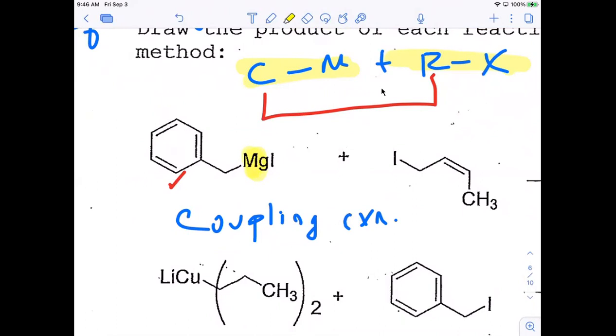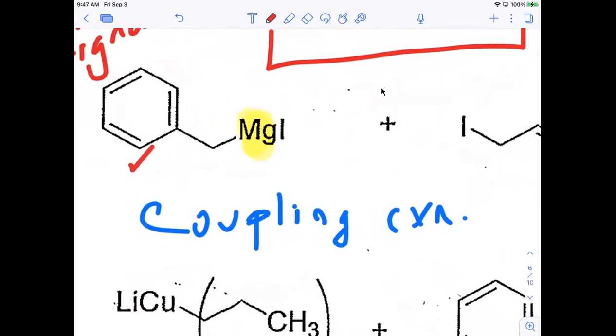We only talked about two. It's either a Gilman or a Grignard. And a Gilman uses copper. So with magnesium, this is a Grignard reagent. So CM in this case is what? The M is the metal, is that right? Yes. And then the carbon that's bonded to it is the C. Good.